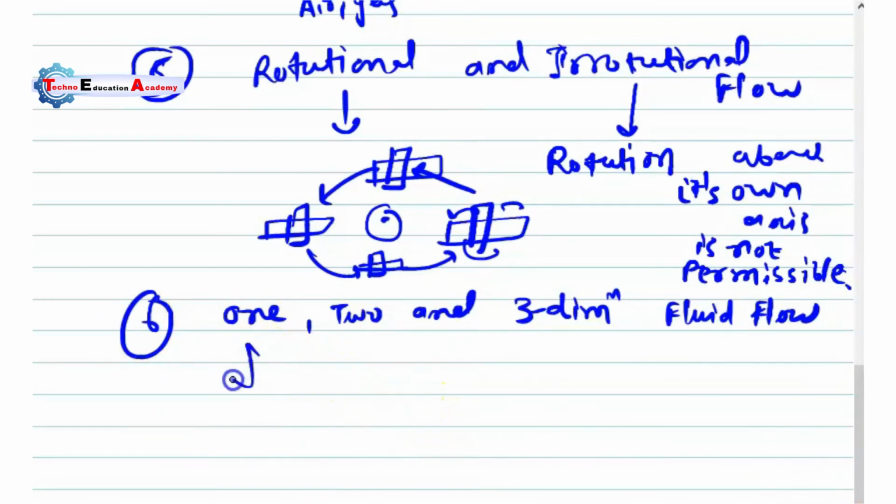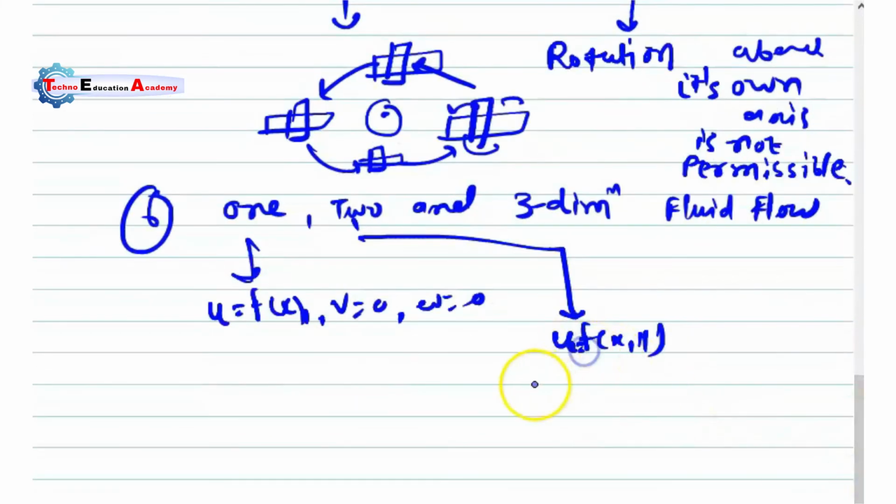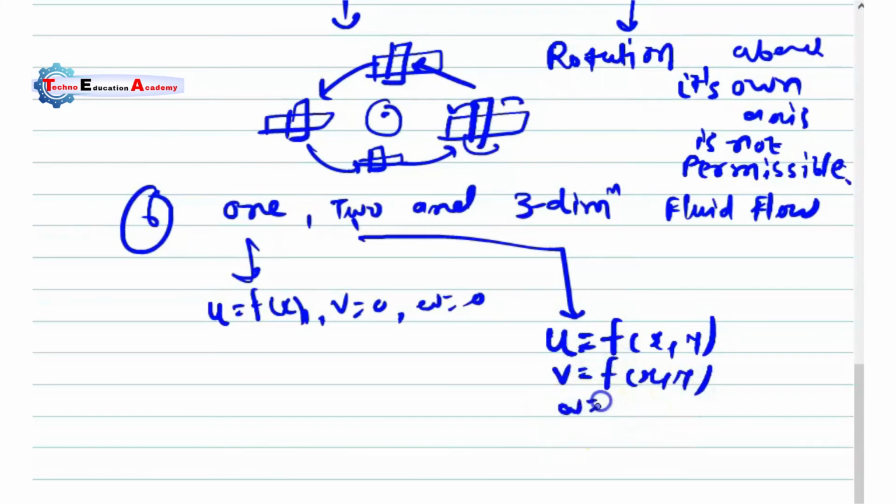For one-dimensional flow, the velocity u is a function of only x, with v and w equal to 0. For two-dimensional flow, u is a function of x and y, v is a function of x and y, but w is 0.